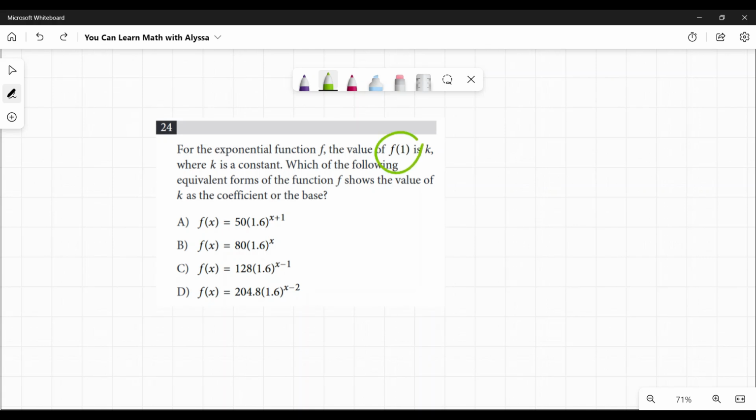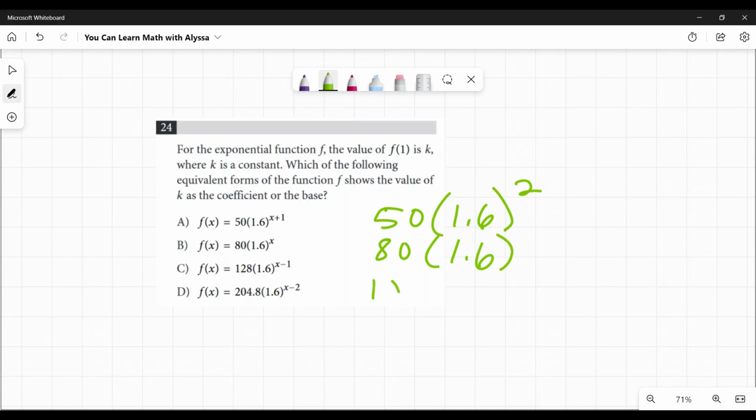So if f of 1 is k, what happens when we put 1 in each of these? Well, for our first problem, we would have 50 times 1.6 to the power of 1 plus 1, or 2. For b, we would have 80 times 1.6 to the power of x, which is just 1, so 80 times 1.6.